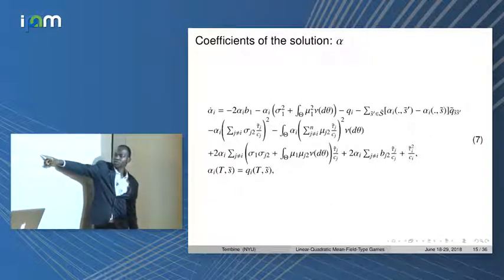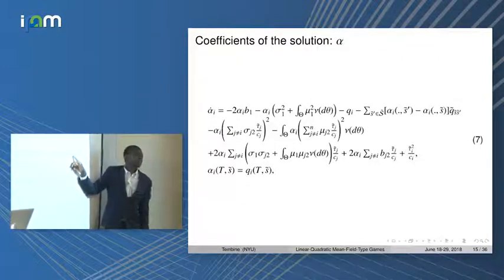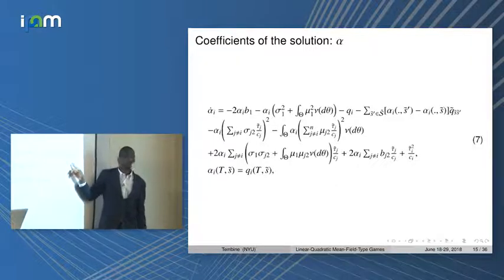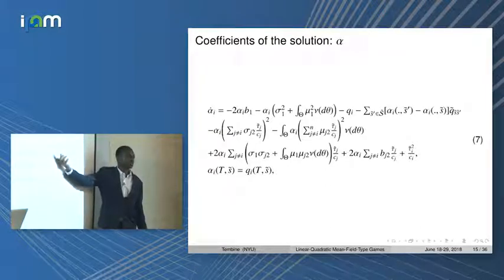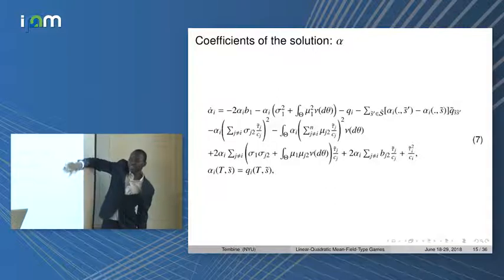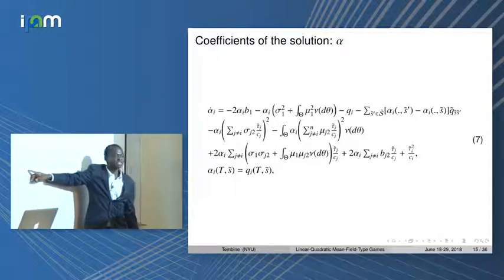This is because your jump is state dependent. This is because you have a switching in your model. If there is no switching, this term disappears because you have only one single switching regime, so there is no change here. This is 0, and this term disappears. Now, this is because you are control dependent in your diffusion.